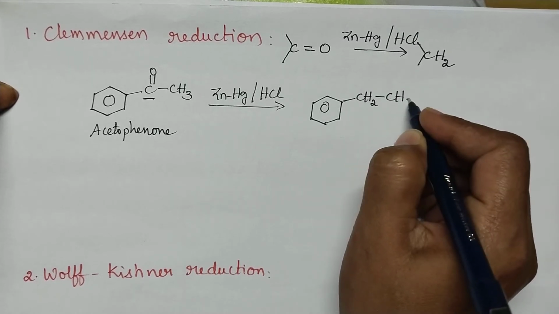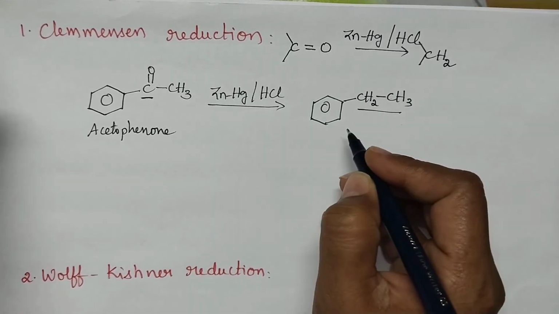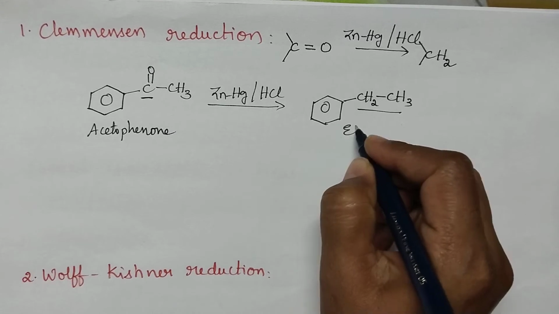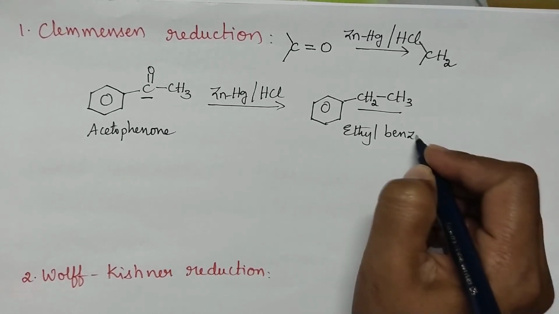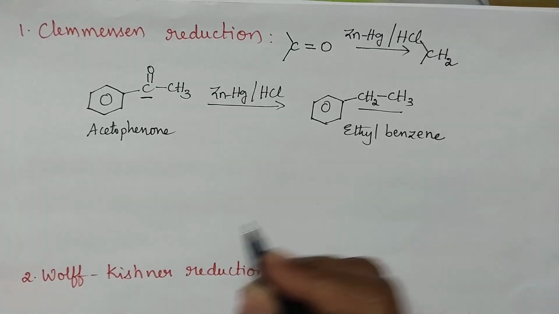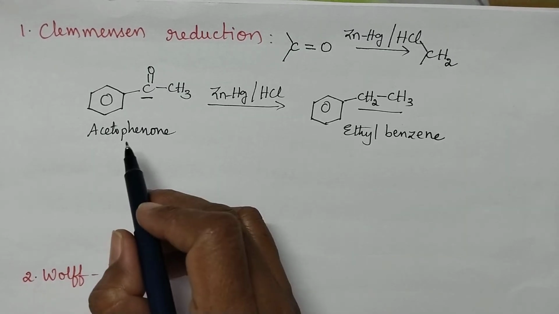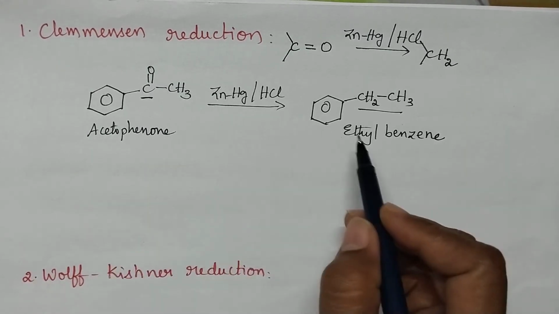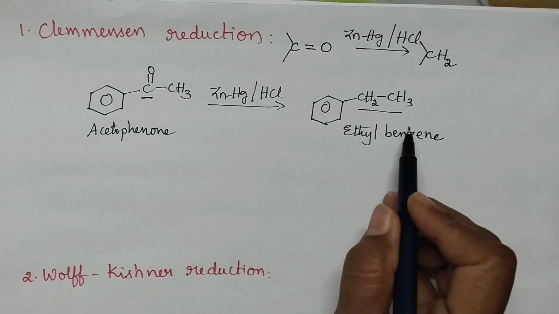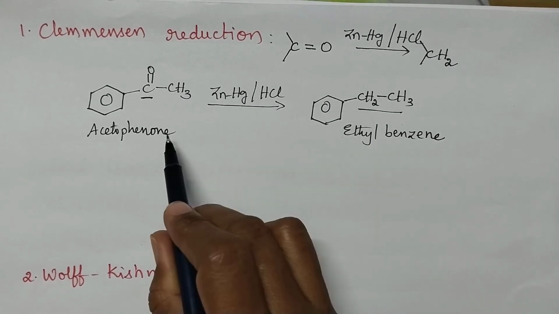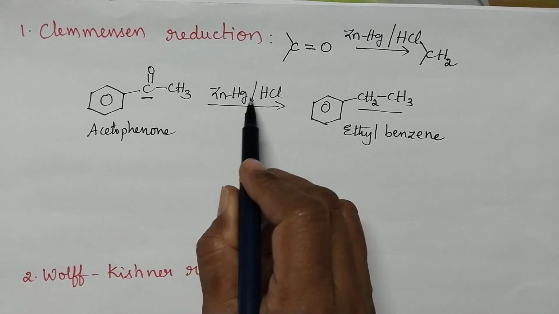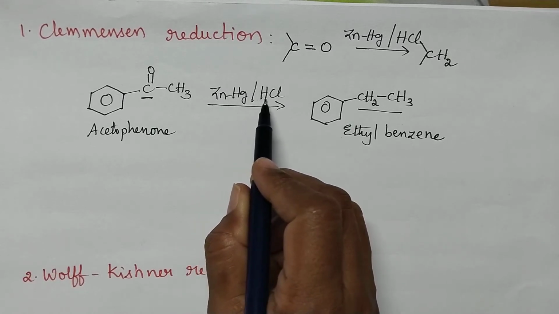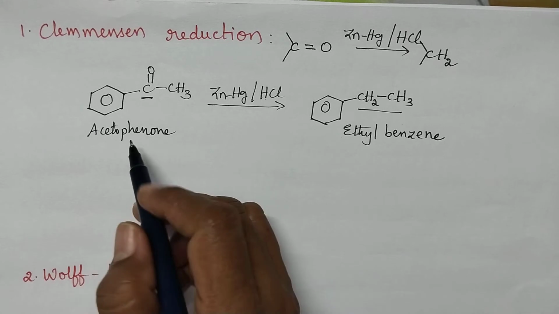And hence, it results in the formation of ethyl benzene. So here acetophenone is converted into ethyl benzene when it is reduced in the presence of amalgamated zinc supported by HCl.